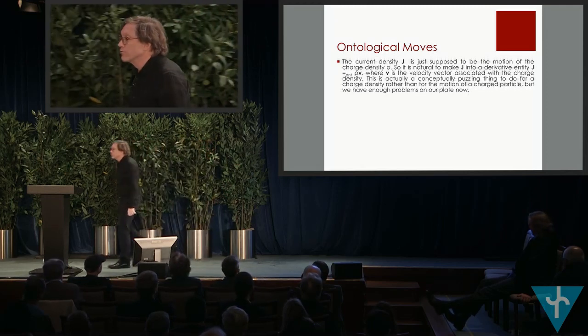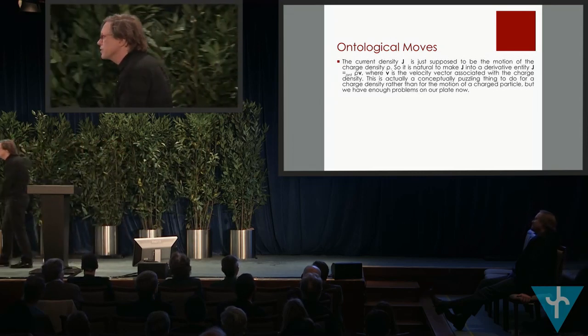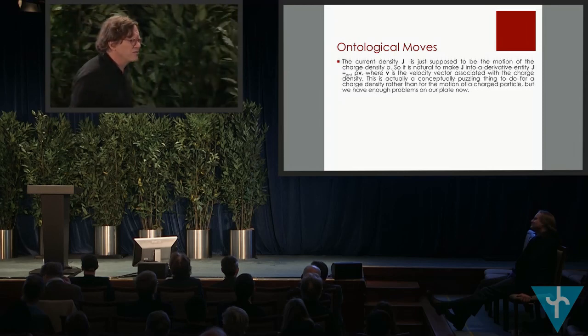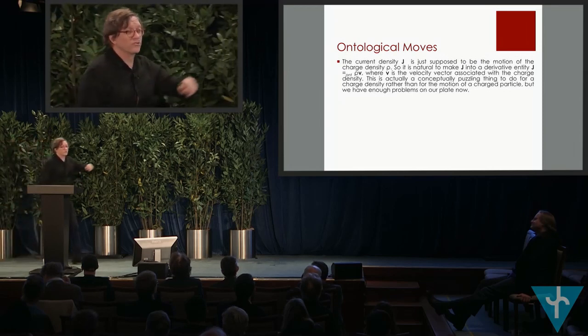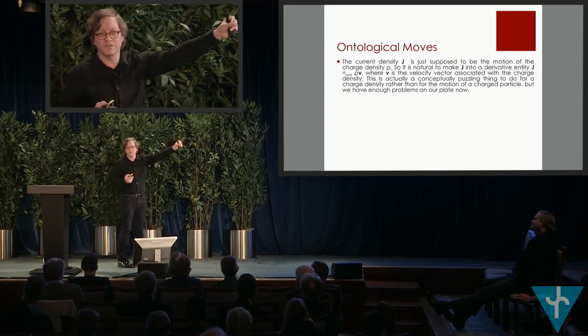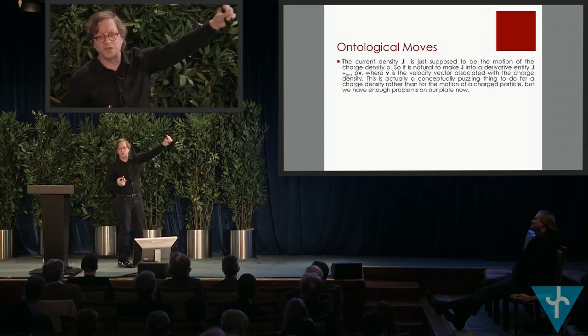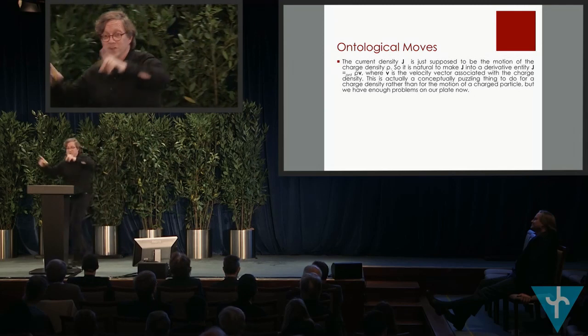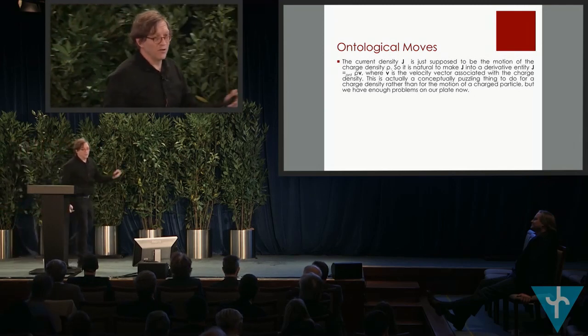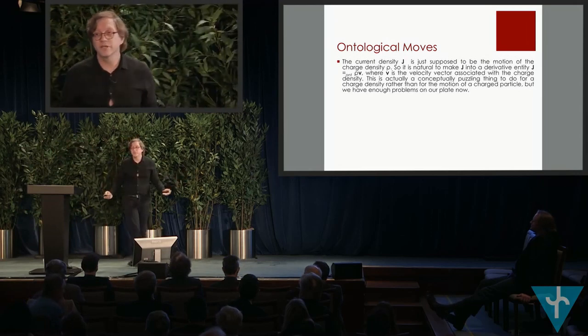Now, I could go on for yet another lecture about how weird it is for there to be velocities associated with continuous densities, because particles, you know what their velocities are, right? Because they've got nice world lines that have nice tangents. But densities aren't like that. They're mush, right?